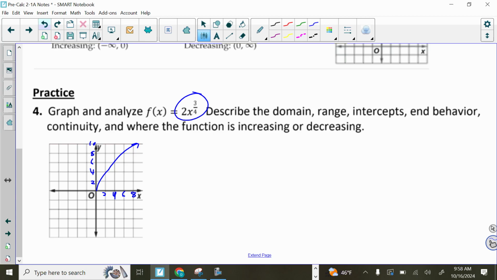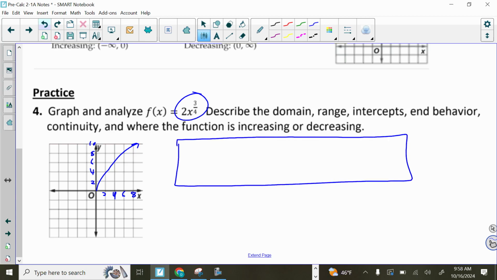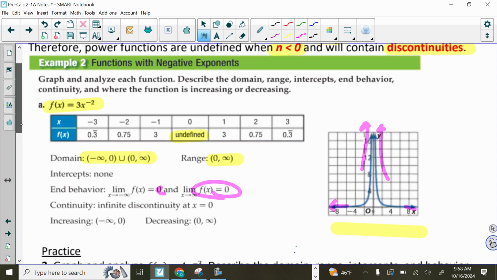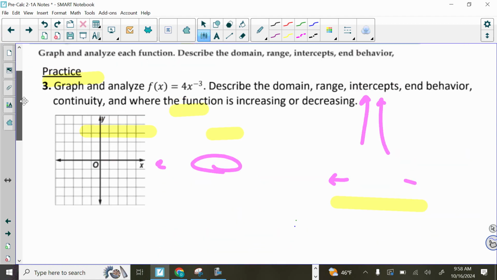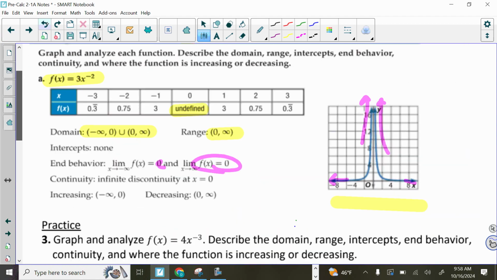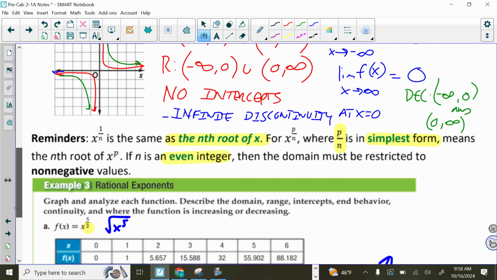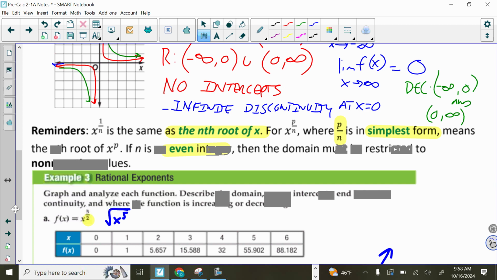You could also do a table of values to get points here if you wanted to. And remember, just to point that out again, because I mentioned it on the last one, right here, if you've got an even number for n, if n is even, then it's going to be restricted to non-negative values.